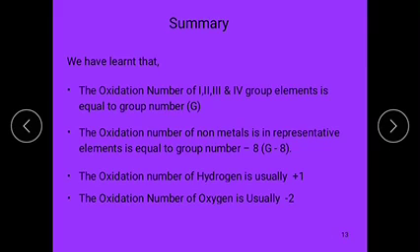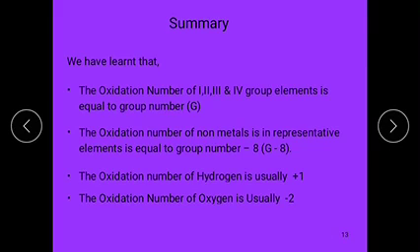And next one is that the sum of the oxidation numbers of atoms in a molecule is equal to 0. For example, H2SO4 is a molecule made up of three kinds of atoms: hydrogen, sulfur and oxygen.